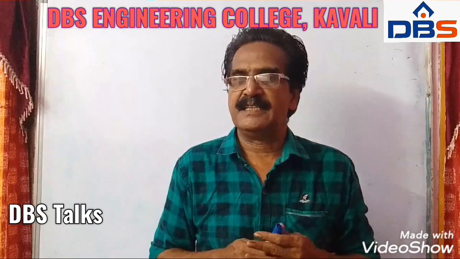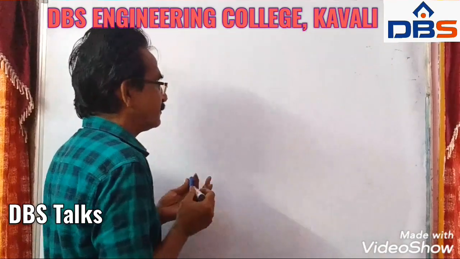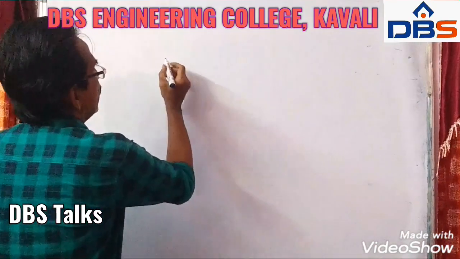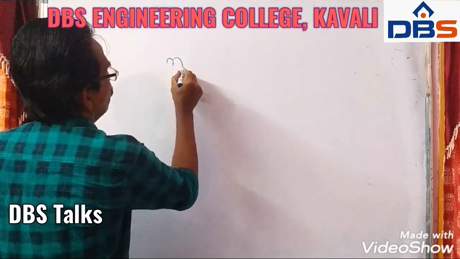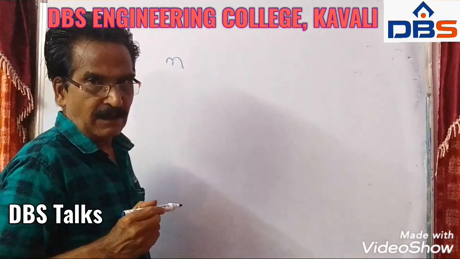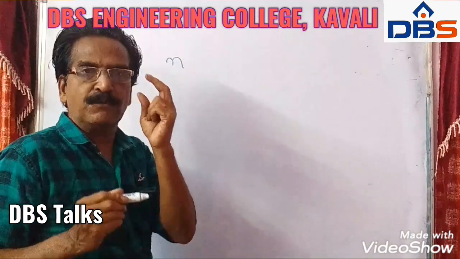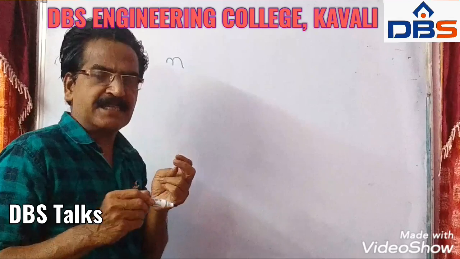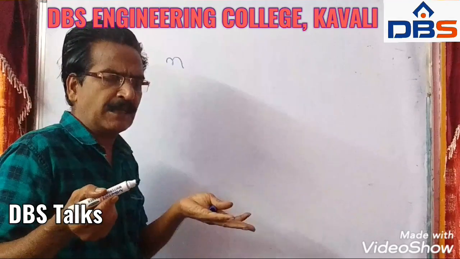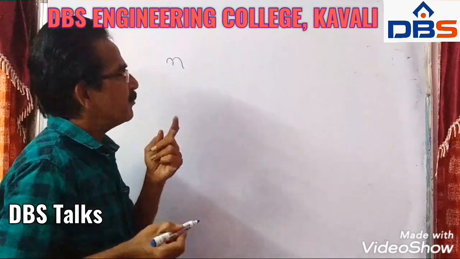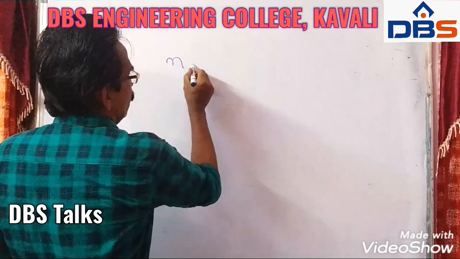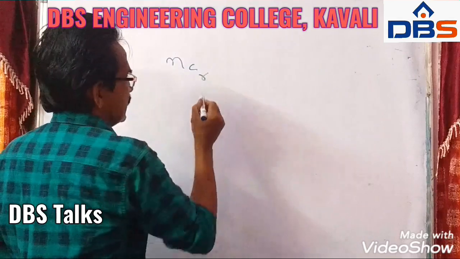So this is defined as: number of trials n, out of n trials we have to get r successes, or sometimes it is written as x successes. It doesn't make any difference.